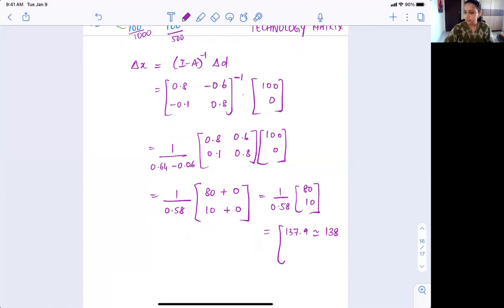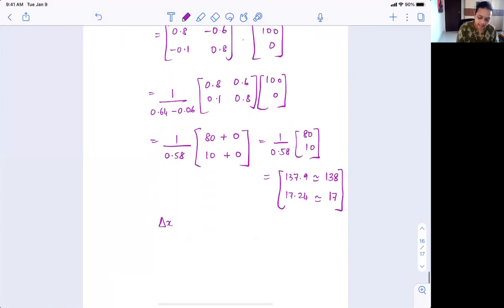And then 10 divided by 0.58 is about 17.24, which rounds to 17.